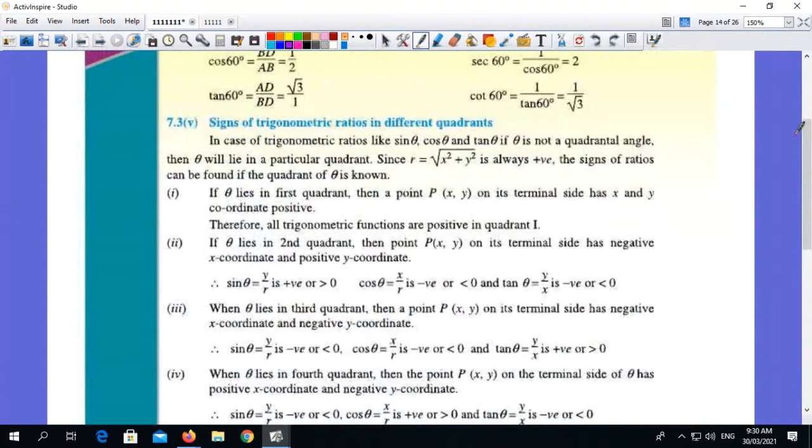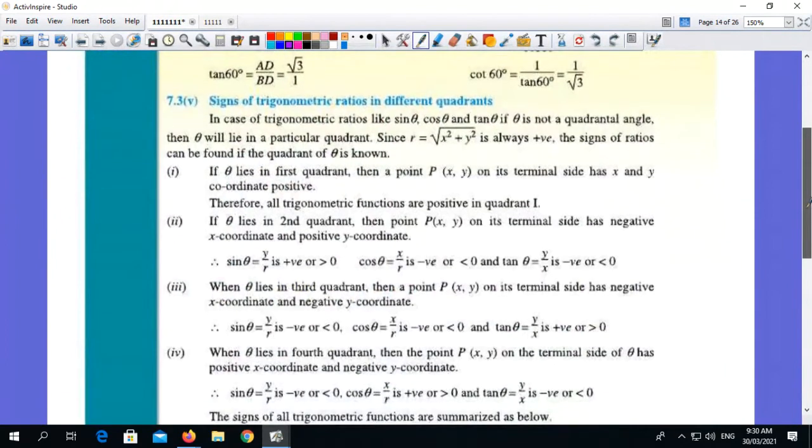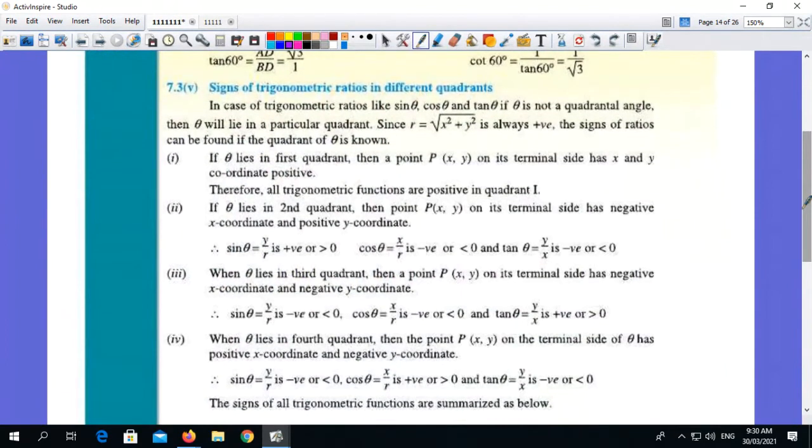Then the sign of trigonometric ratios in different quadrants. This is important. In the case of trigonometric ratios like sin theta, cos theta, tan theta, if theta is not a quadrantal angle, then theta will lie in a particular quadrant. Since r equals the square root of x square plus y square, it is always positive.